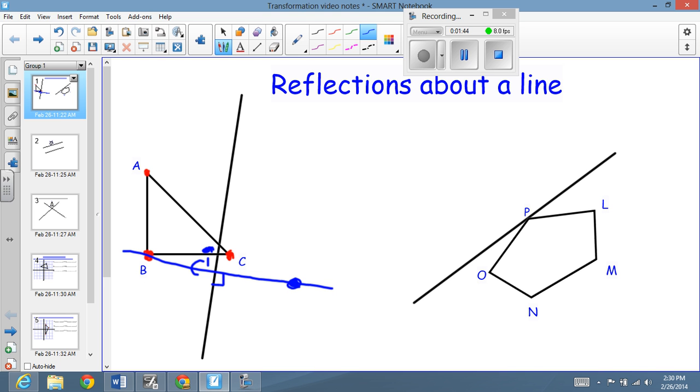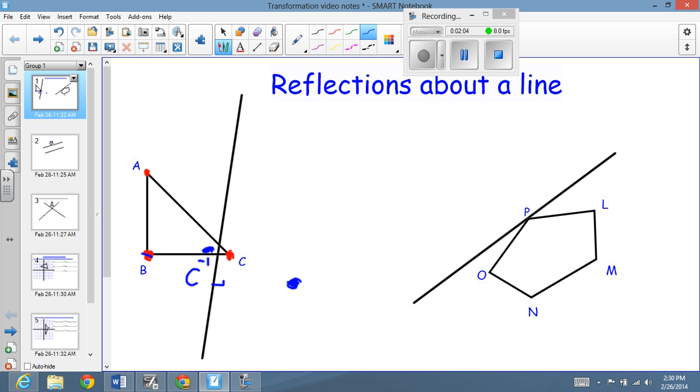about right here. Now what we're going to do in class is take a ruler and do our best to reflect these as perfectly as we can given the instruments that we have.